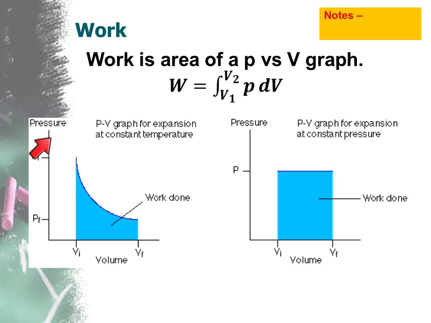We have a couple of pressure versus volume graphs here. If I take a gas and hold it at a constant temperature and increase its volume from this volume to that volume, pressure becomes a function of volume. In other words, pressure is going to decrease as the volume increases.